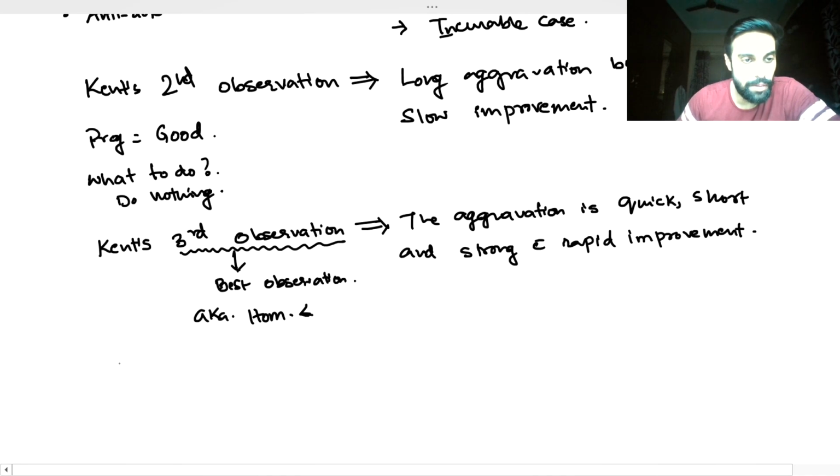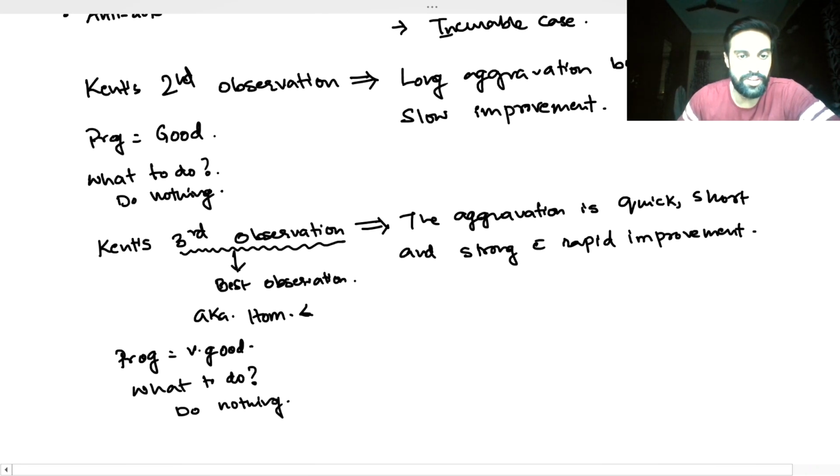So the prognosis is very good, and what you need to do? Nothing. Since everything is good, so you do nothing.